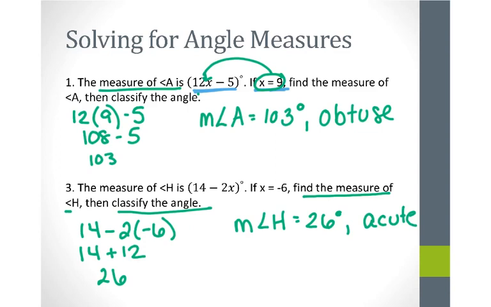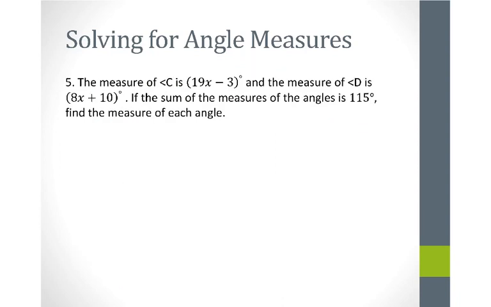We doing okay? Here's the next one. The measure of angle C is 19x minus 3, and the measure of angle D is 8x plus 10. If the sum of the measures is 115, find the measure of each angle.